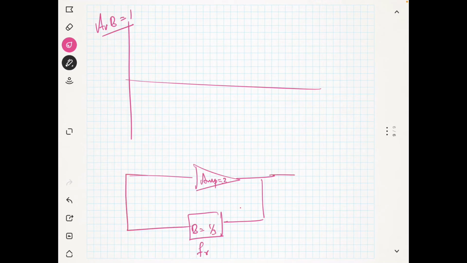Then it will be fed back and you will get the output, and you have a DC power supply. When you turn on the switch, you have a very small signal. That signal reaches here, and it becomes 1 by 3 of that signal at the output. Then that reaches here and you get the same signal.